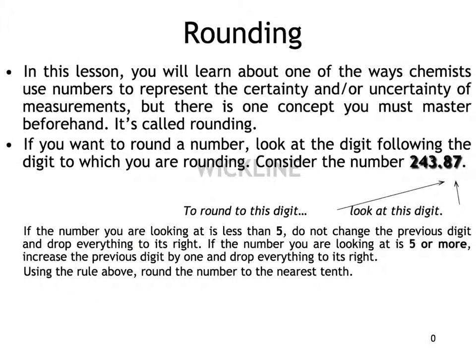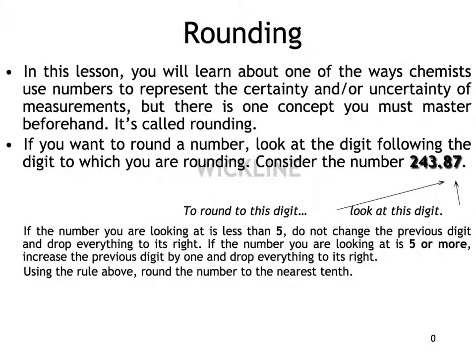Quick review on rounding. When you're rounding a number, oftentimes you'll be directed to round to a certain digit. In this question, I'm asking you to round to this 8, but actually the digit that matters more is the 7. You need to use the 7 to round the 8. Using the rule above, round the number to the nearest tenth.